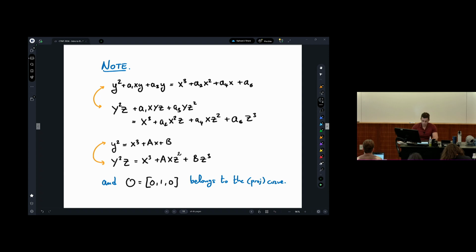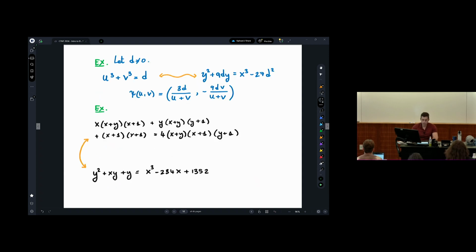All right, very good. So we can bring them to Weierstrass models. Can I bring it to a Weierstrass model? Let's start first with the sum of two cubes. What numbers are the sum of two cubes? It turns out that you can bring it to this Weierstrass model, y squared plus 9d y equals x cubed minus 27d squared. There is a change of variables.